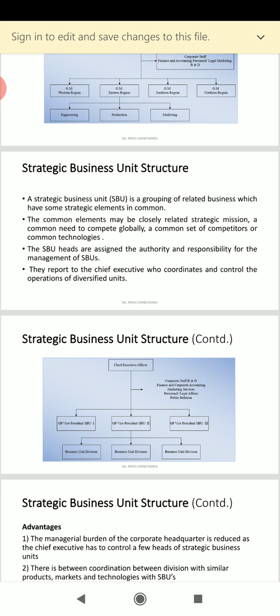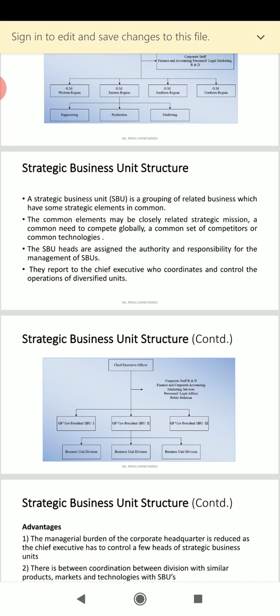So rather than the corporate headquarters trying to control all the subsidiaries directly, they employ somebody in between, known as a chief executive officer, who heads the SBUs, right?